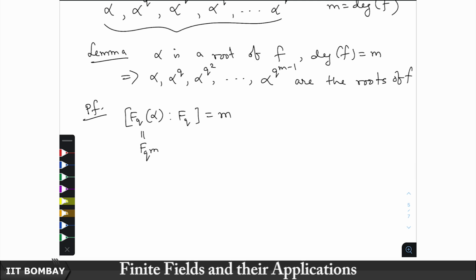Now, we know that for any element, let us call it alpha itself, alpha power q power n equal to alpha means that alpha is a root of x power q power n minus x, and this is if and only if alpha belongs to F q power n.